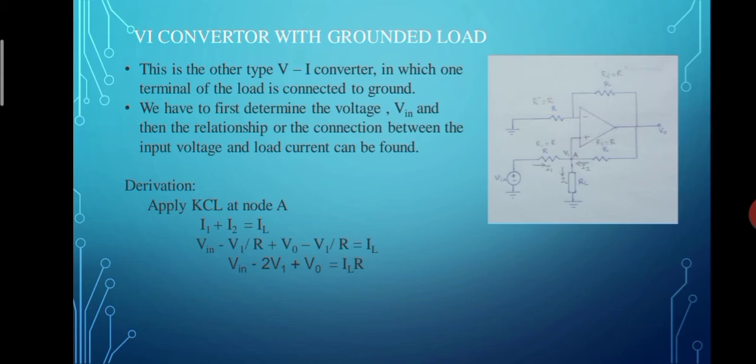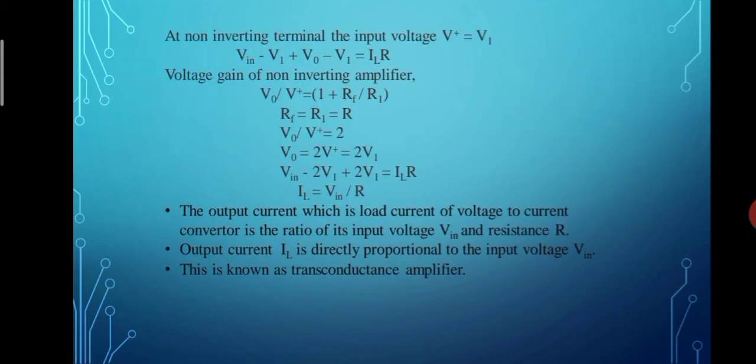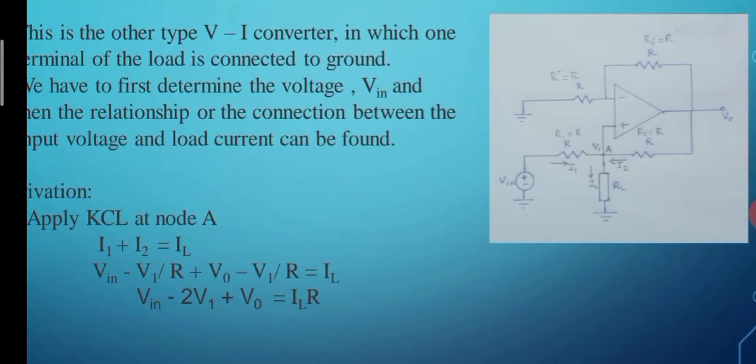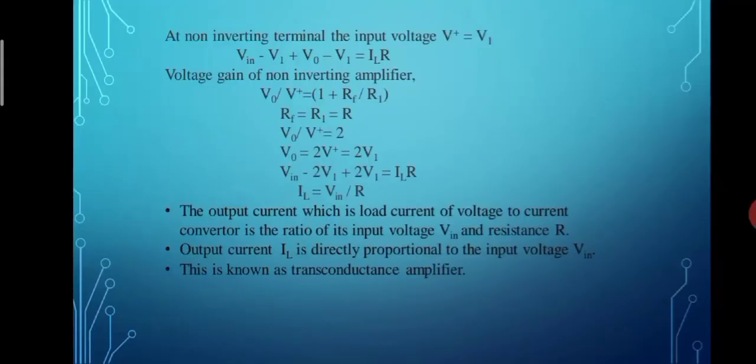Since all the resistances are equal, RF is equal to R1 is equal to R, so we get the voltage gain equal to 2, which is V0 divided by V plus is equal to 2, where V plus is V1, because according to the virtual short concept, V1 is equal to V plus, the input voltage applied to the non-inverting terminal.